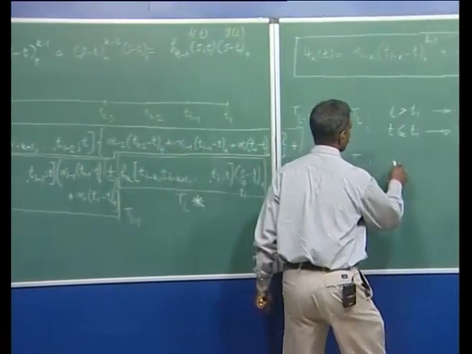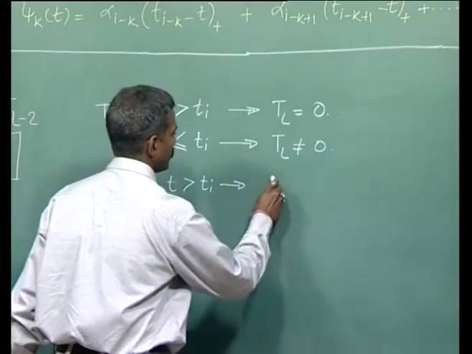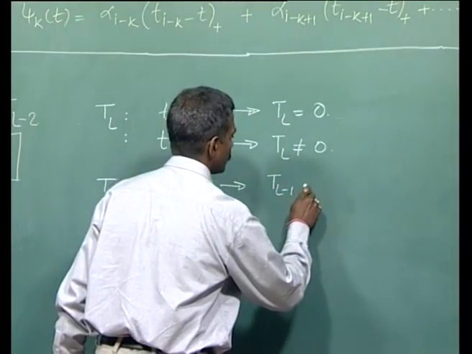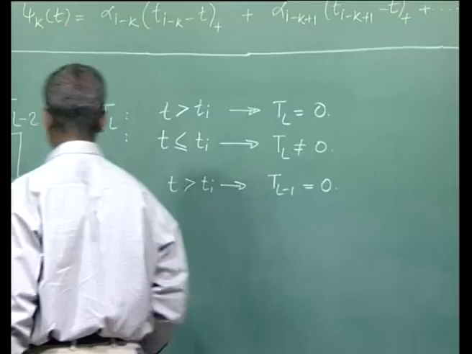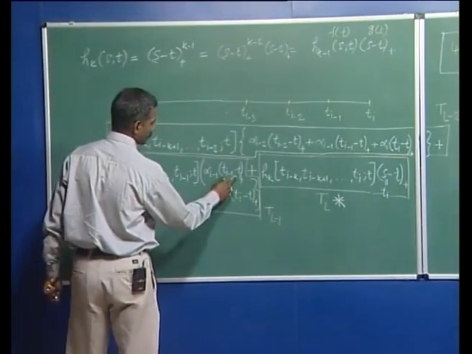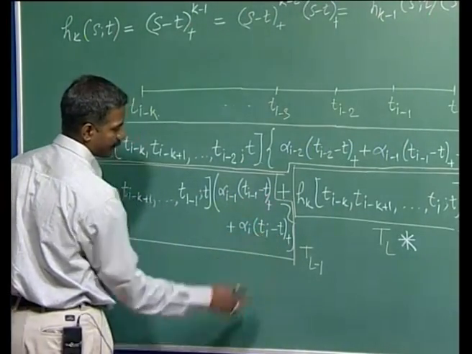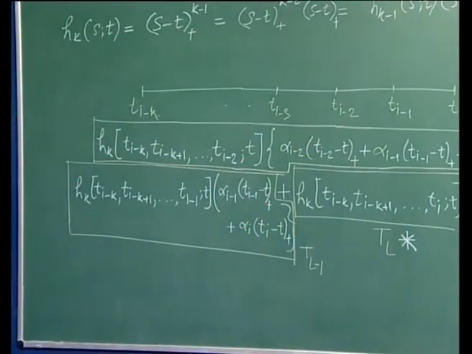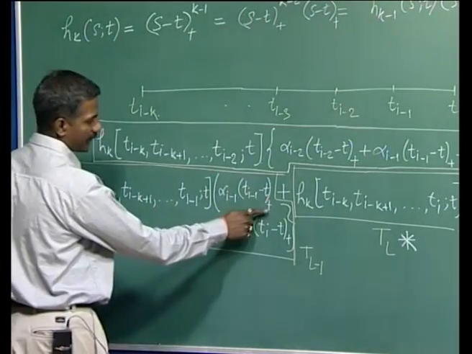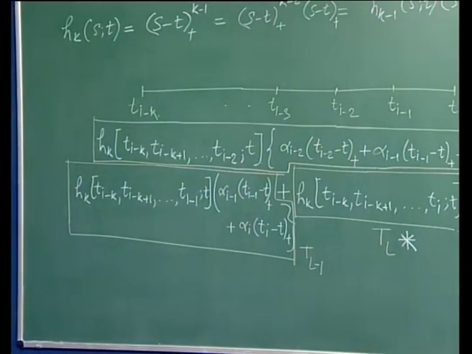Clearly, for t greater than t_i, T_L minus 1 is equal to 0. Why? Because this term is negative, and this term as well is negative. Because of this truncation sign, this term and this term are both 0.